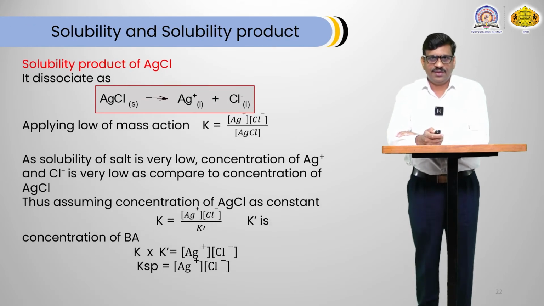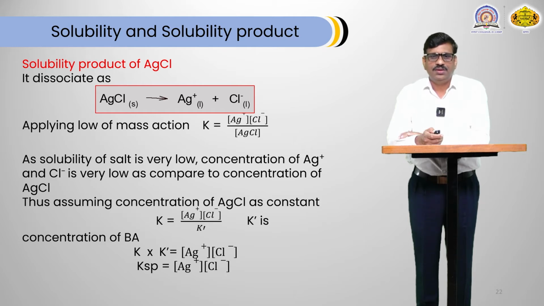Now let's see another example for the solubility product. Here we are going to consider the electrolyte AgCl. AgCl, when it dissociates, produces Ag plus ion and chloride ion. Applying the law of mass action, we can write K is equal to concentration of Ag plus into concentration of Cl minus divided by concentration of AgCl.